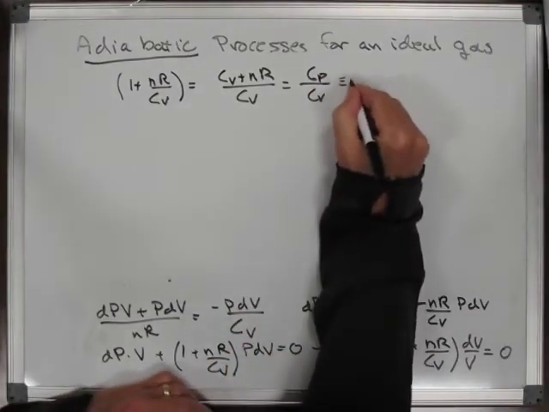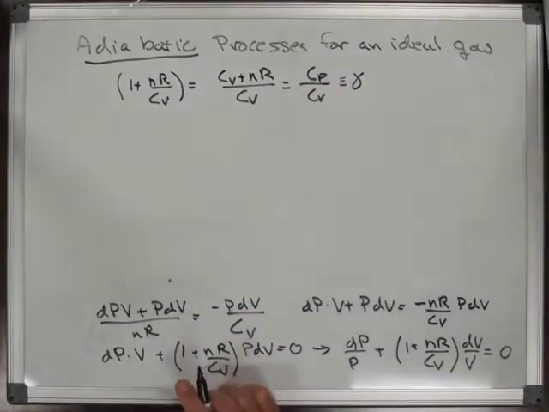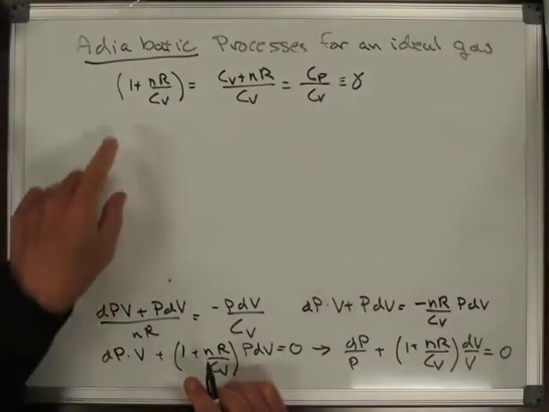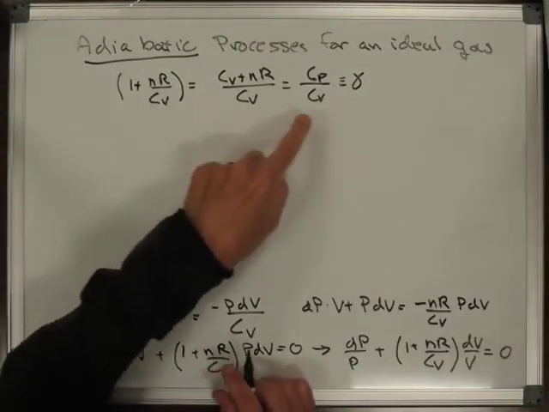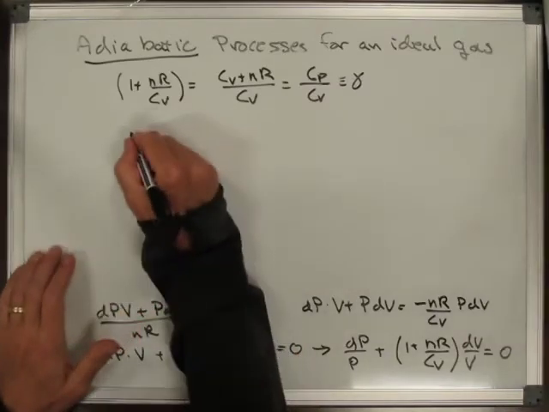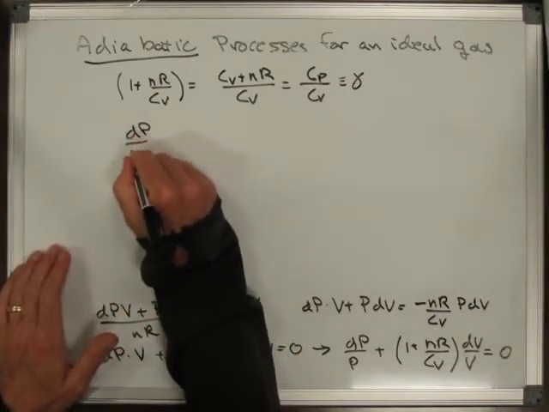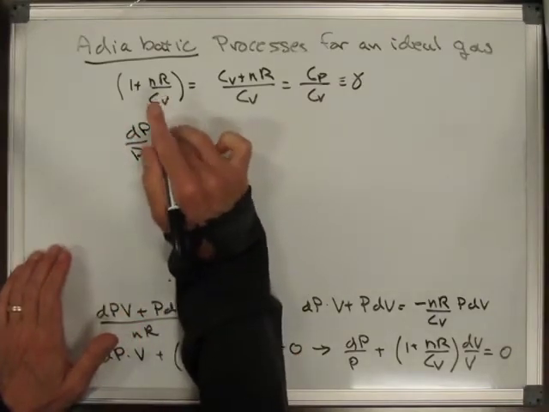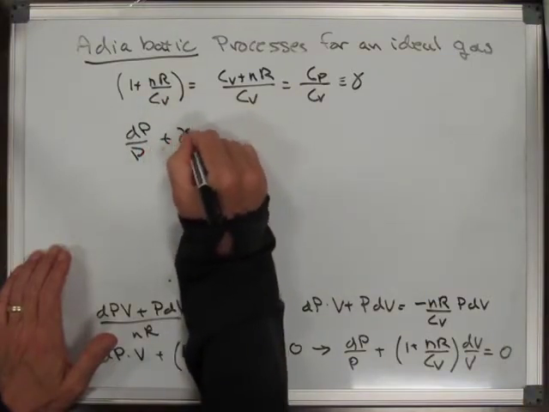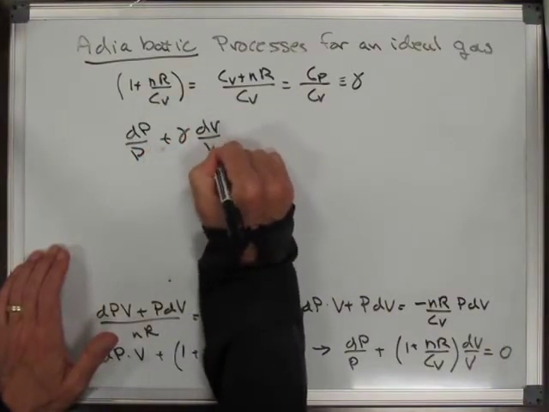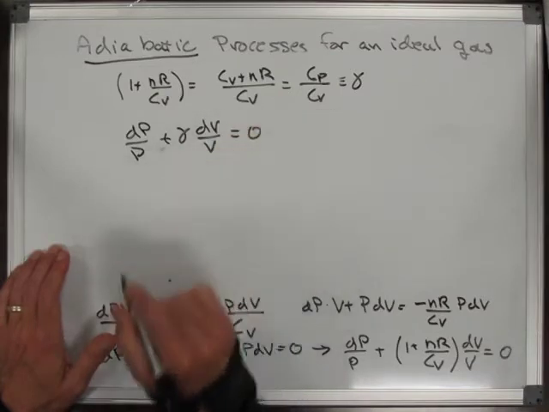We call this thing gamma. And so what I get is dP over P plus gamma dV over V is equal to 0.